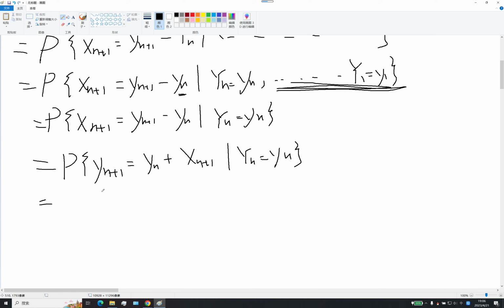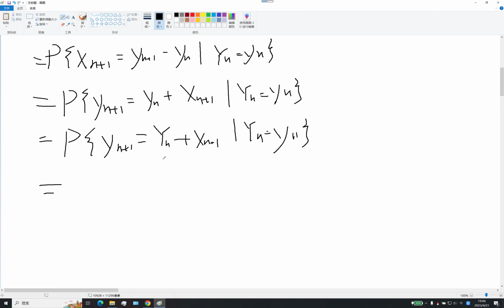So we know that Yn equals the value, the little yn, so it is yn + X(n+1) on the condition of Yn = yn.